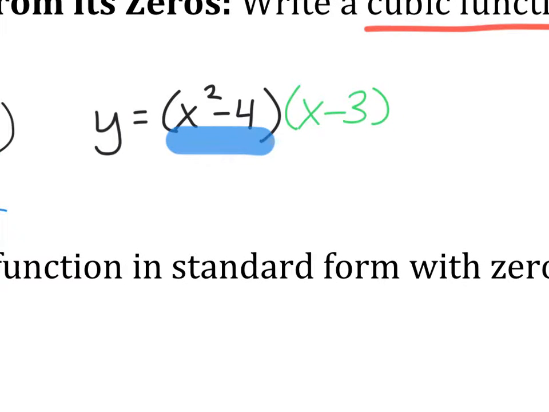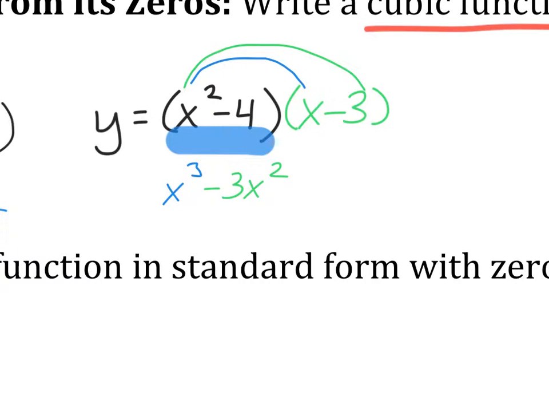Now what we have to do is double distribution. Eyes on deck so you can see what's happening here. I need to take the x squared, multiply it there to get x cubed. Then I take the x and multiply it to there to get negative 3x squared.